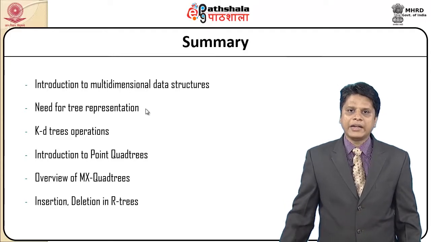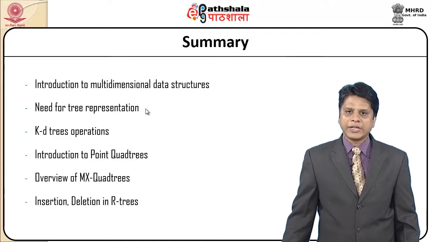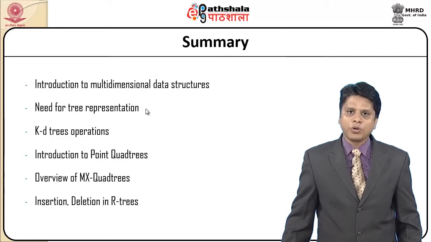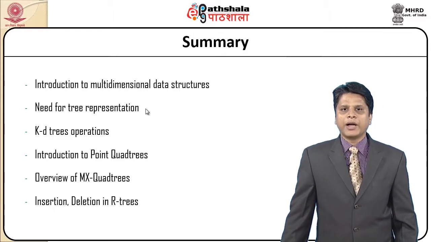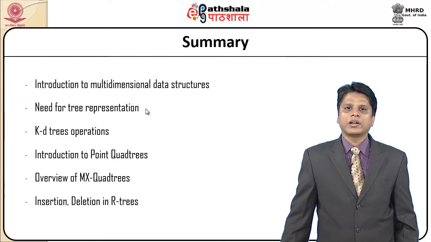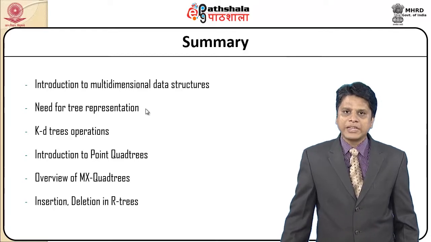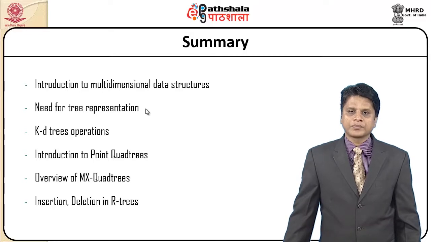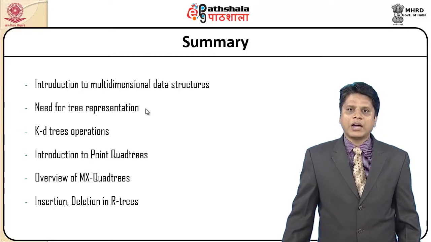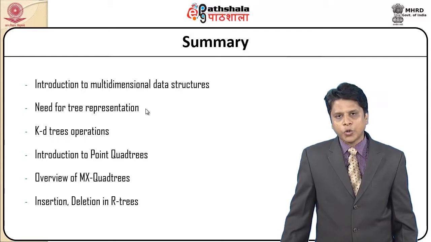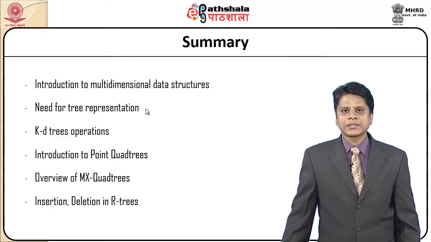Not only that, we had an extension of point quadtrees, which is MX quadtrees, where we have defined the lower bounds and upper bounds from -infinity to +infinity on both the x and y values, whereby we have decreased the number of disk accesses and the time that we need to process a specific region. And finally, we talked about R trees, which are region trees, which had group rectangles and real rectangles.